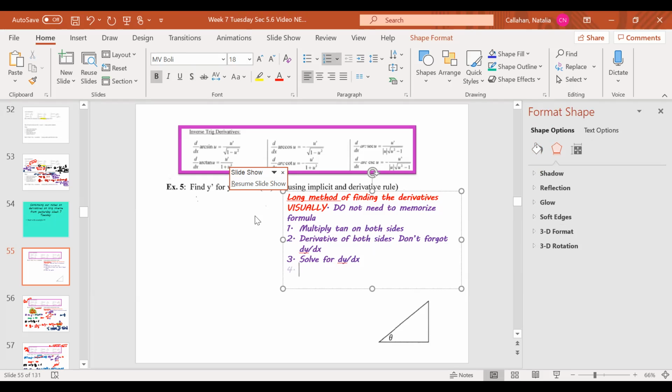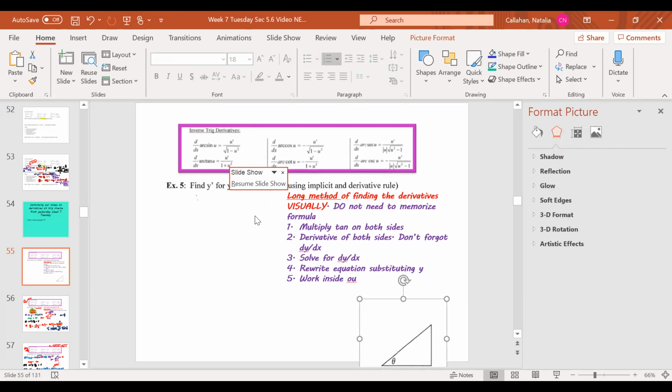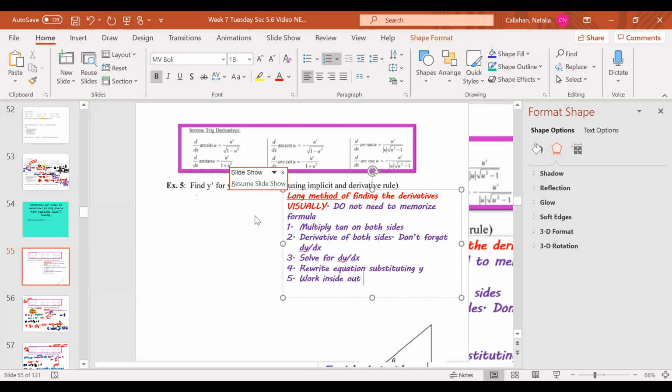And then afterwards, you are going to rewrite the equation by substituting for y. And then afterwards, you're going to work from the inside out by drawing your picture, drawing your triangle.